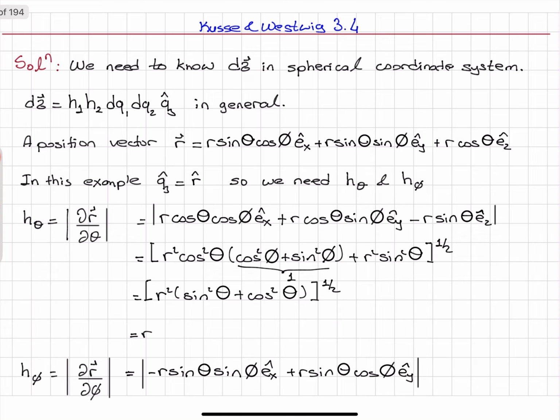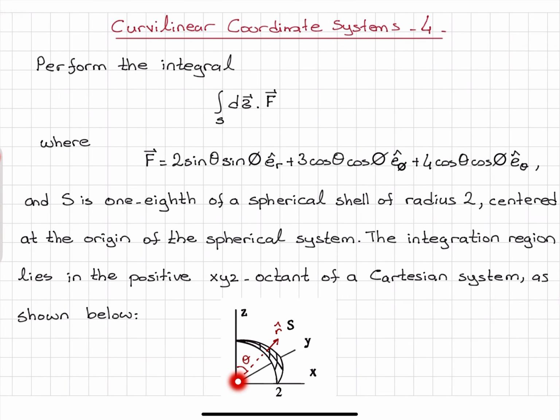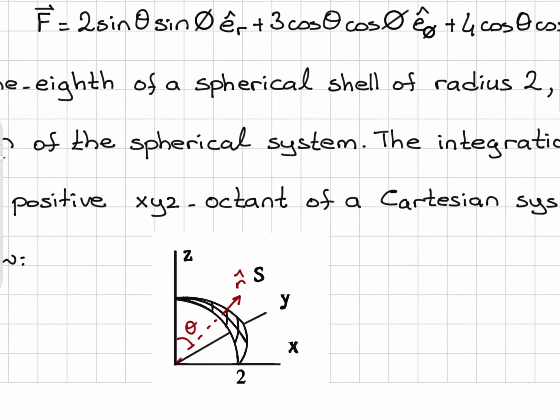So theta equals 0 is here, theta equals pi over 2 is here, so that's basically defining this slice, and now we're going to rotate that slice by varying phi from 0 to pi over 2. So that's basically our projection onto the xyz plane, and that defines the angle phi.